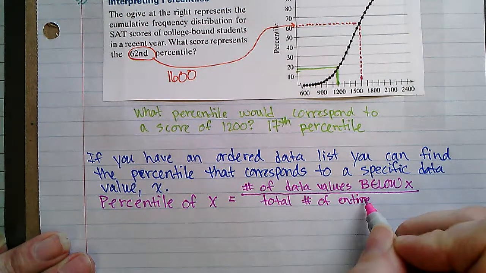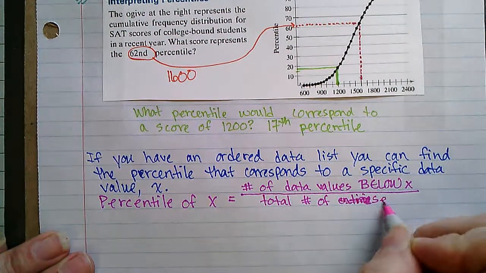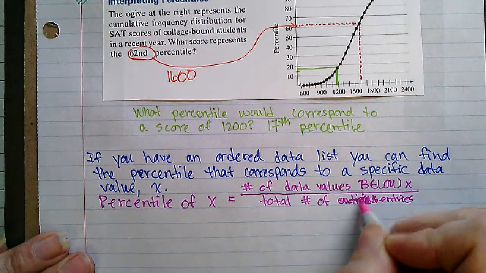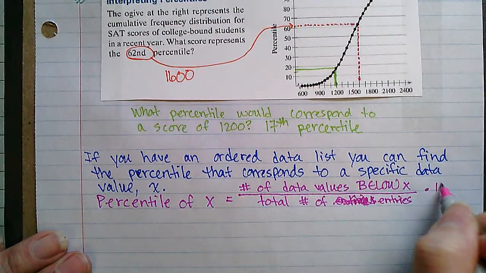Entries. And then we're going to multiply that by 100 to make it into a percent.